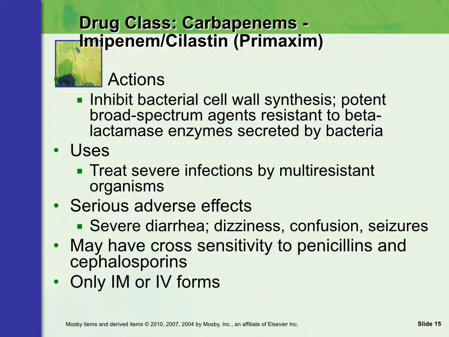The trade name is Primaxin. And of course, in your test, you're just going to get the generic name, so you want to learn it by that. The cilastatin, as part of that two compound group, has no antibiotic activity. It prevents the inactivation of imipenem by the bacterial enzymes.